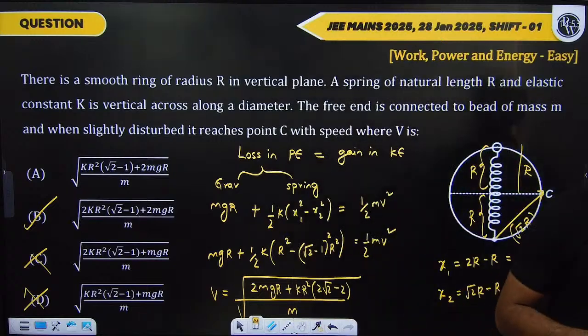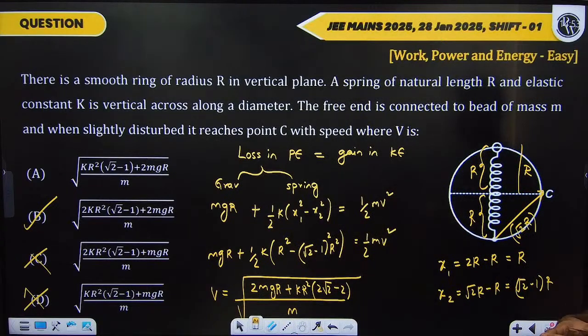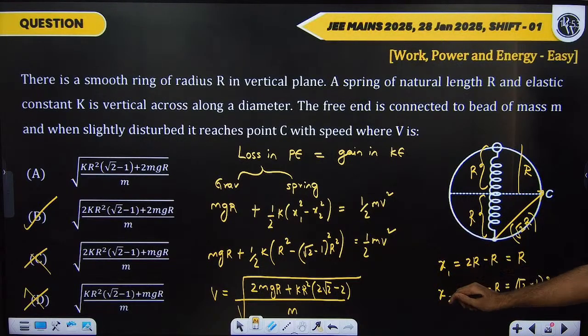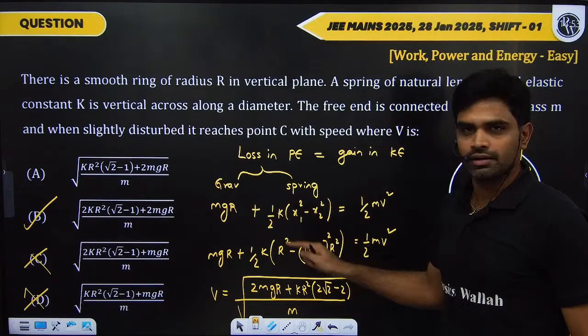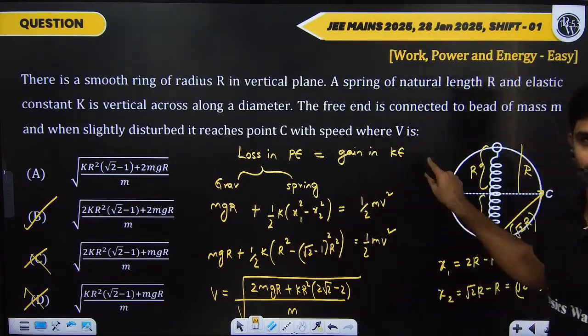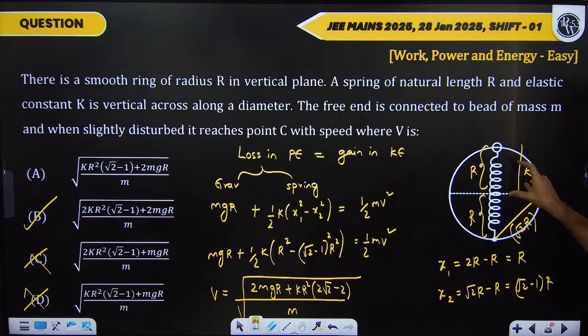Understood. The right forward question. Calculate this extensions is the tricky part in this. So students might do mistake of taking this initial as 2r. Initial is not 2r. Its length is 2r. Its elongation is not. Elongation is r. Natural length is there.